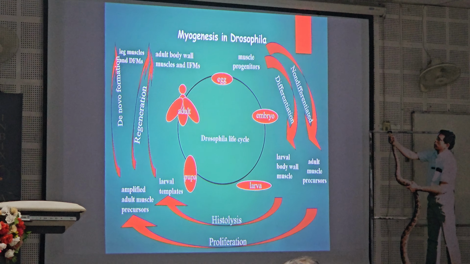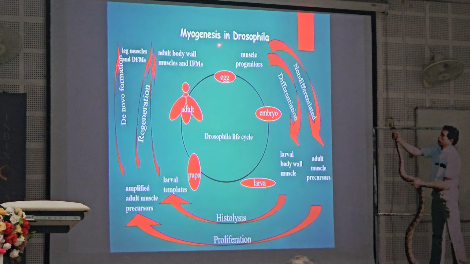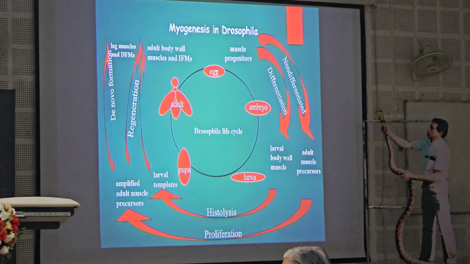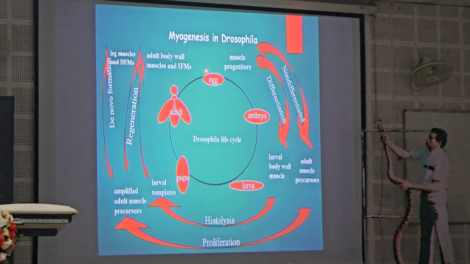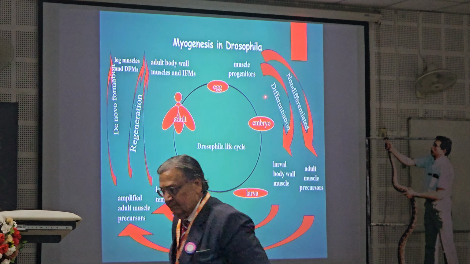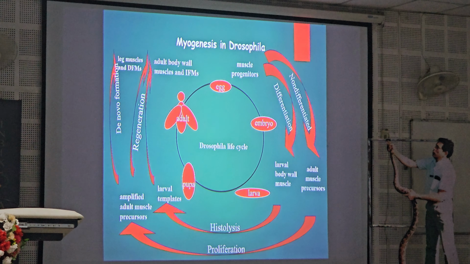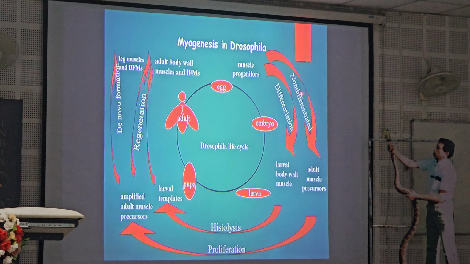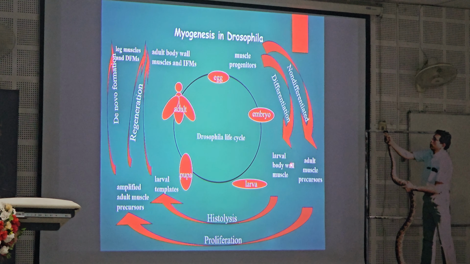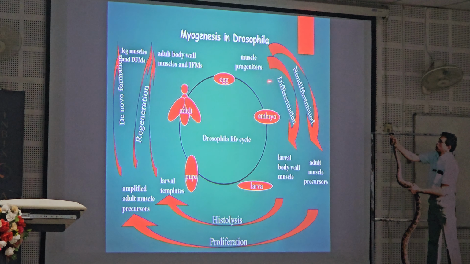So basically, Drosophila has two sets of tissue: one used for the larval life cycle, one for the adult life cycle. In muscle tissue, the muscle progenitors form during the embryonic stage, and two sets of cells form. One is the differentiated body wall muscles, which will be used for locomotion of the larva, and at the same time, non-differentiated quiescent muscle stem cells form along with these differentiated muscles.